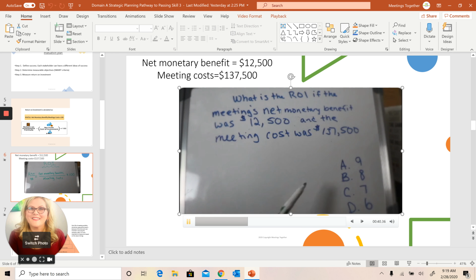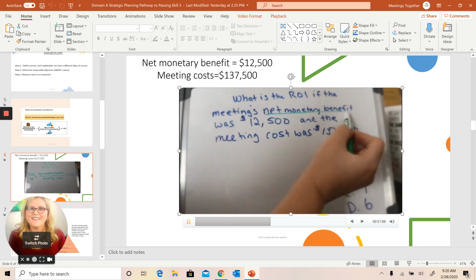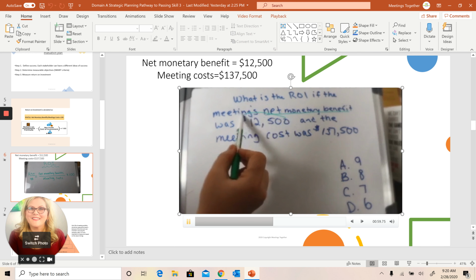These are the possible answers: A, B, C, or D. Why don't you try to do it on your own and see if you can figure out the answer?